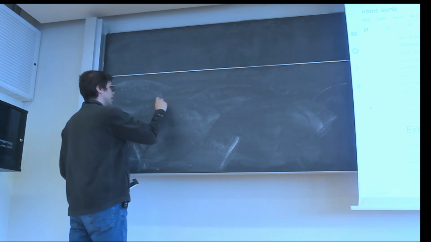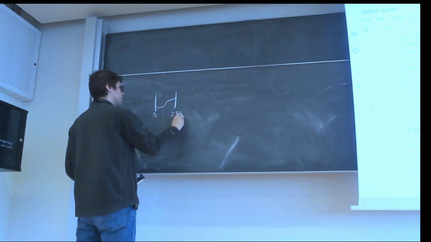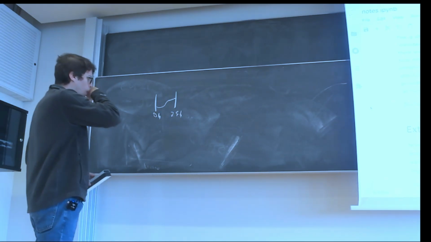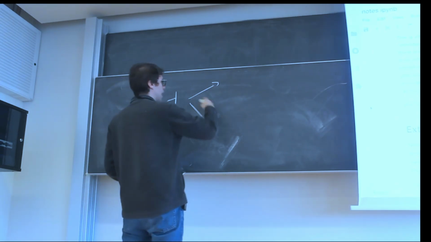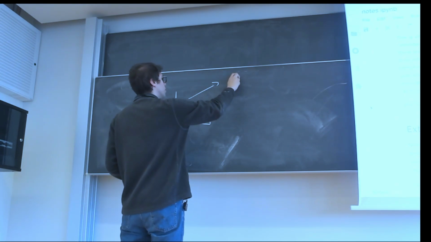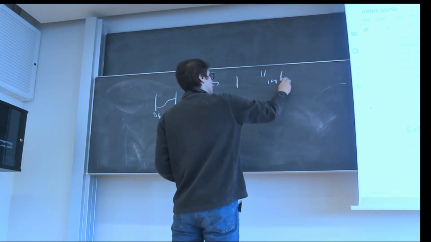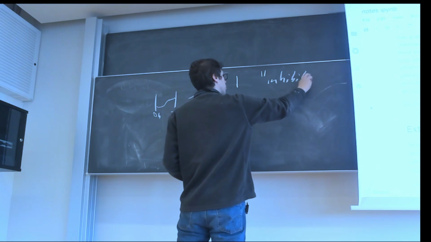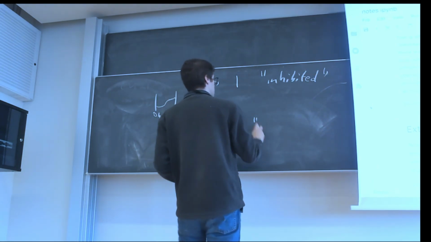So we get the data, here from 0 hours to 24 hours. Based on this, we have a box, and we're going to construct different versions of this box, which either says 1, which means we are going to be inhibited, or 0, which means not inhibited.